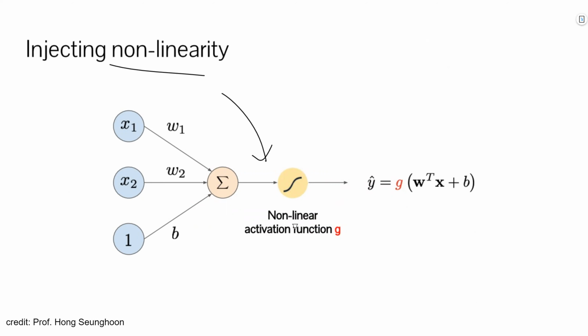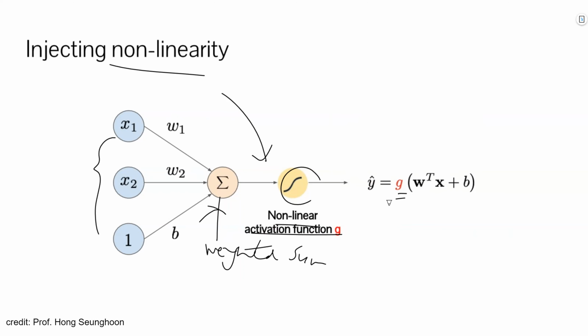In our naive or simple perceptron, we didn't have this nonlinear activation function after the weighted sum. However, we can put this nonlinear activation function after this weighted sum. Here, simply y hat was W transpose X plus B. Now we are having another layer, which is G.